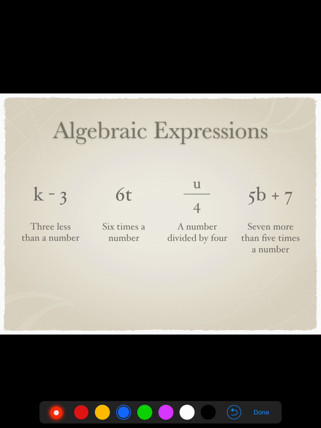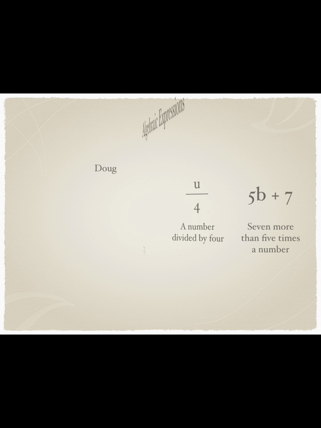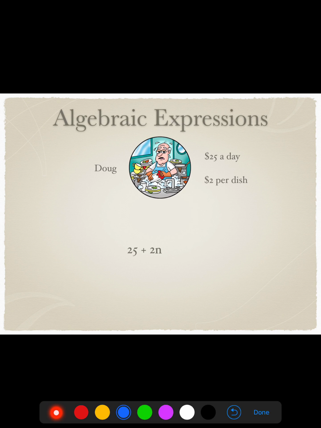So make sure you're familiar with how to interpret not only an algebraic expression, but also be familiar with how to write an algebraic expression given what it means in words. Finally, the last slide we're going to look at is going back to Doug's expression again. So say, for example, we know that he's washed 207 dishes in one day.